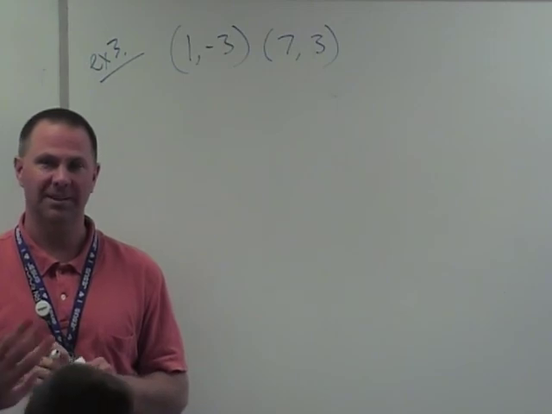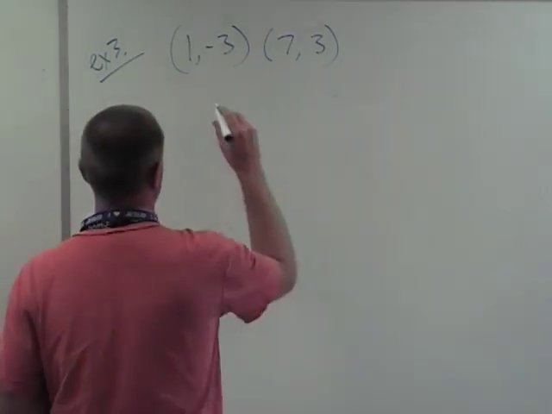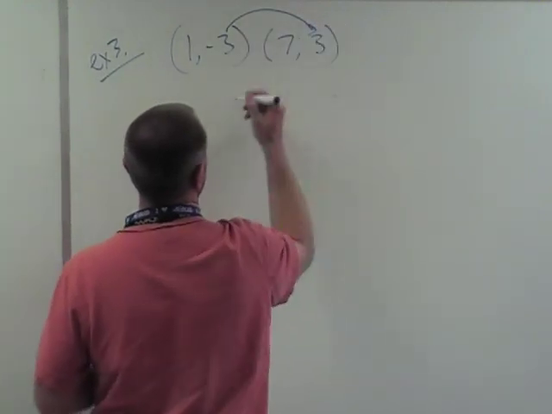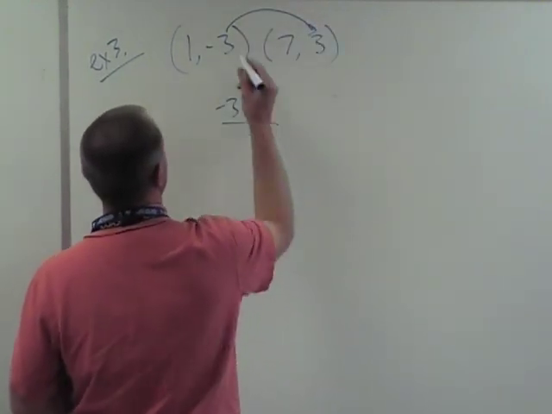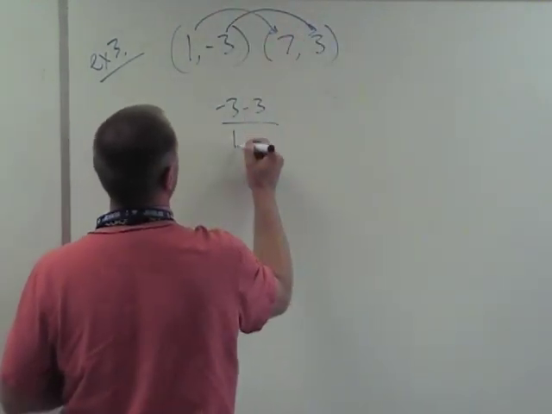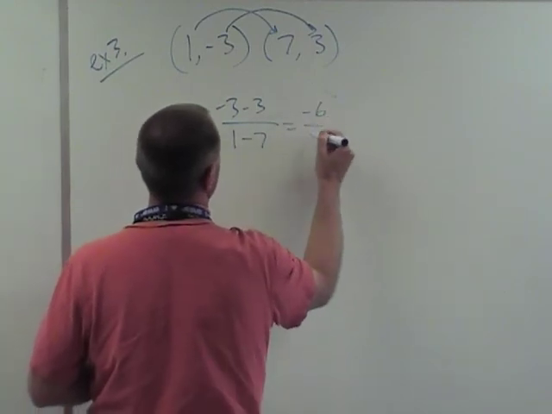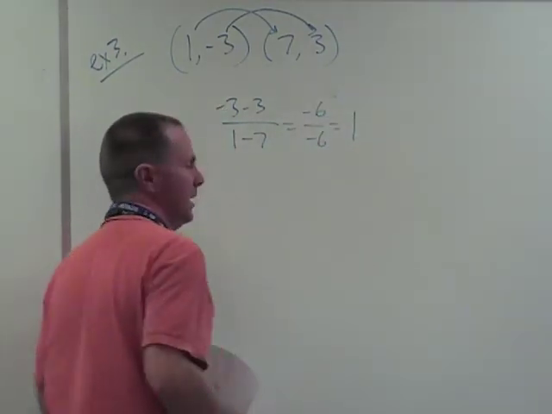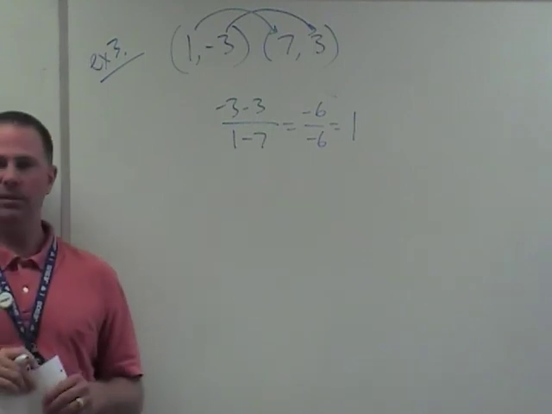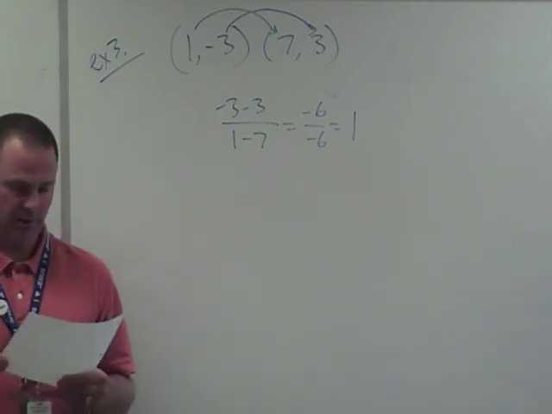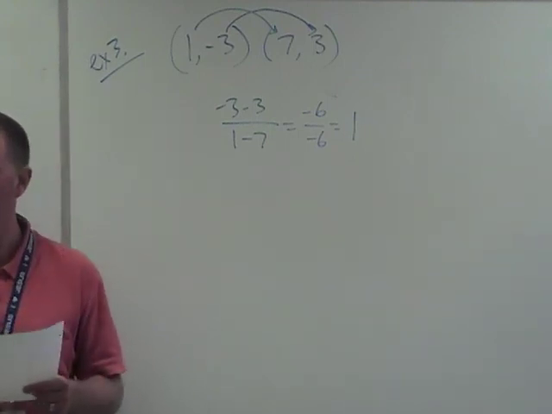Ready? 1. Subtract your y's. Negative 3 minus 3. Subtract your x's. 1 minus 7. That's negative 6 over negative 6, or positive 1. Who got positive 1? Awesome. Isn't this great? Wonderful.